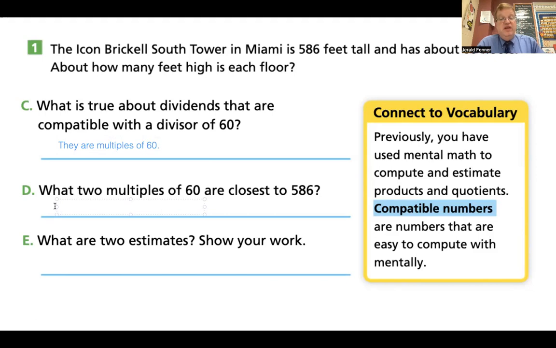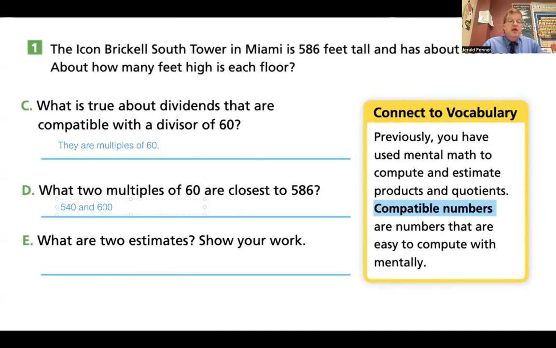What's after 36? 42. Are we there yet? No. 48. What's after 48? 54. 54 is the closest. So 54 would be close. What else could be close? 600.